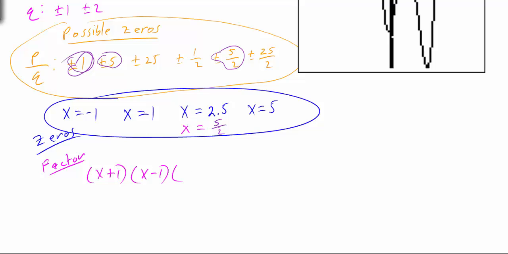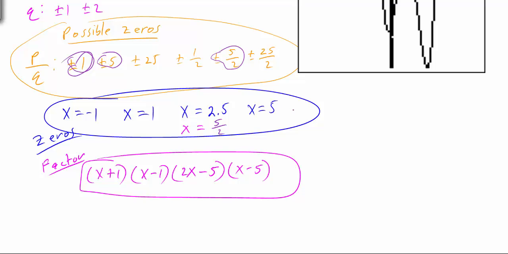If x equals 5 halves is a zero, multiply by 2, we get 2x, subtract the 5, that means 2x minus 5 is a factor. And if x equals 5 is a zero, x minus 5 is a factor. So here we have successfully found the zeros and factored the polynomial at the same time.